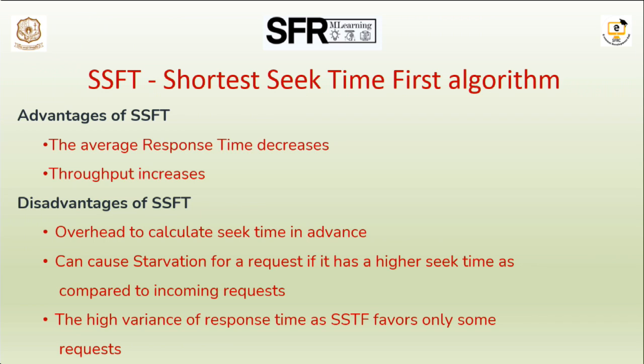It can also cause starvation for a request if it has a higher seek time compared to incoming requests, like 90 or 4. There is also a high variance of response time, as SSTF favors only some requests.